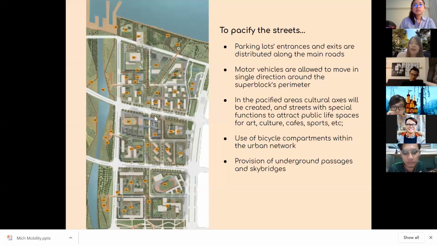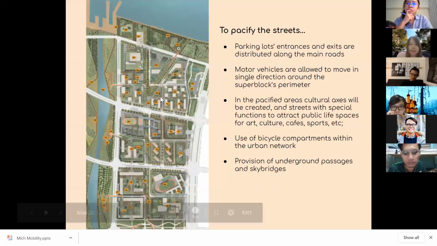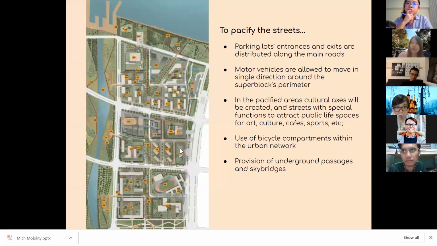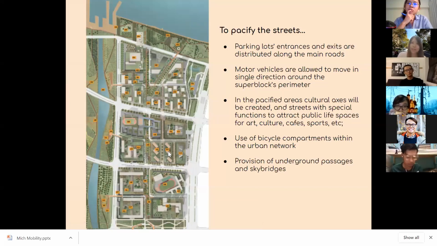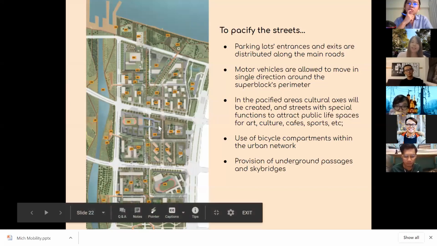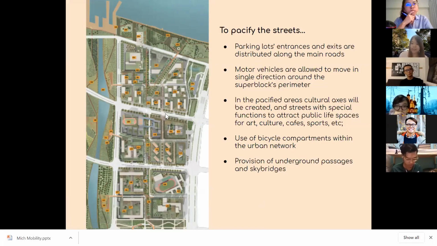And also there will be a lot of bicycle parking around this area, so that they will choose active mobility as their transport option. And since I mentioned there's a mountain here and the bay here, we actually wanted to encourage people to walk from there to there. So there are a lot of underground walkways and also sky bridges to promote uninterrupted continuity of the walkway.